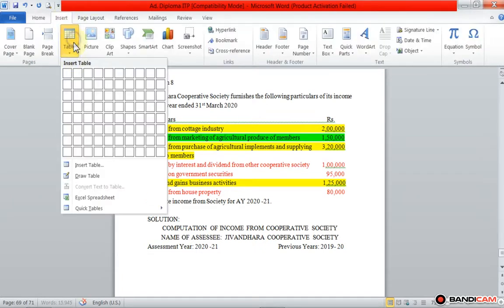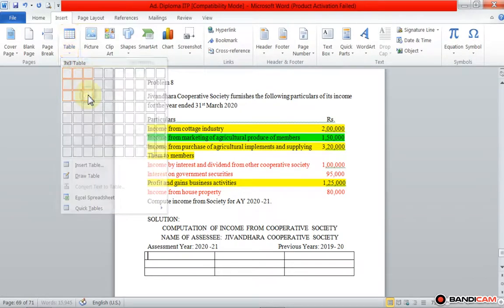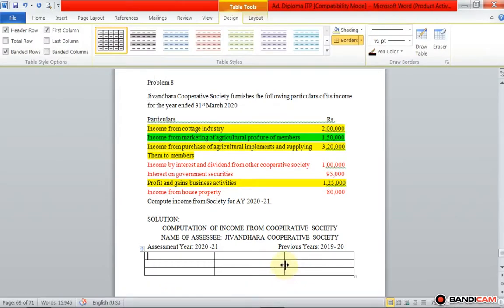Then prepare a 3 column format, that is particulars and rupees.